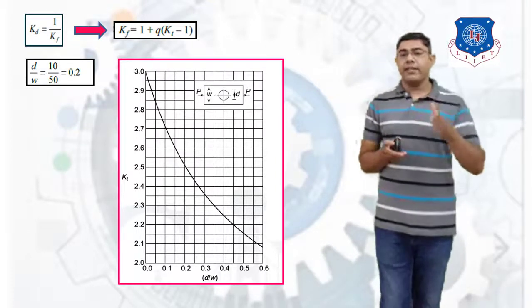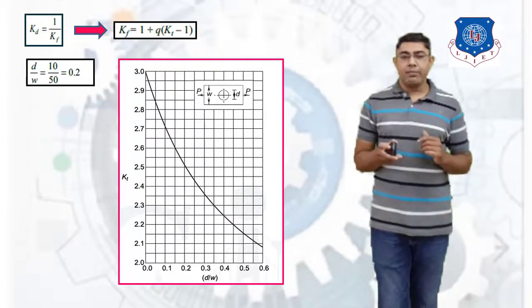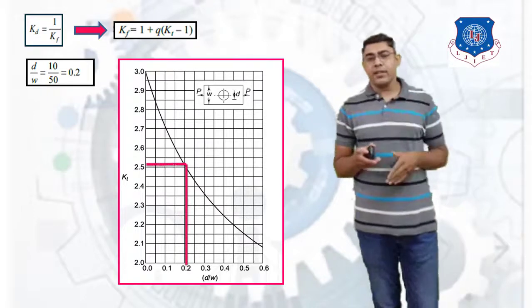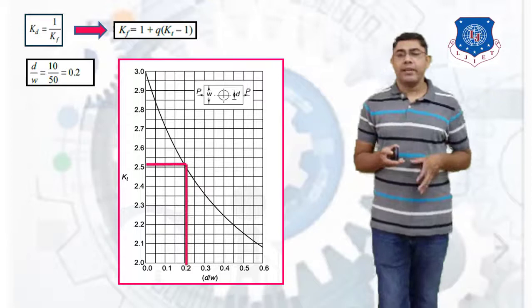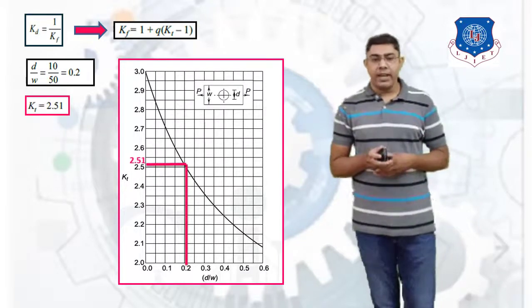To calculate the value of Kt, we have to draw a vertical line at 0.2, and from the intersection of these curves, we draw a line horizontally to get the value of Kt. So it will be 2.51.